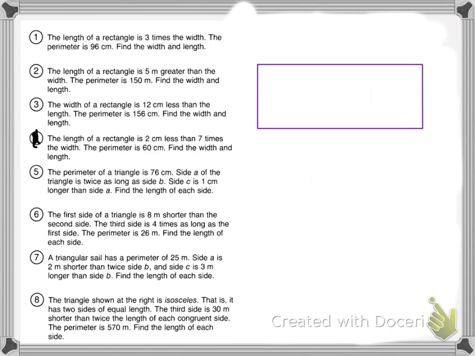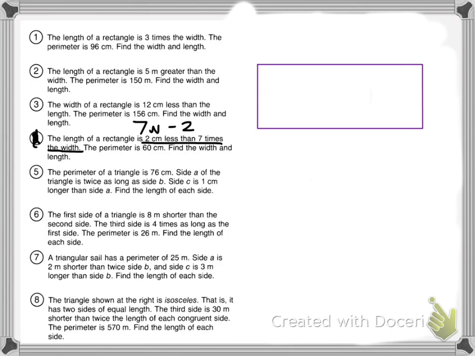Can I make that bigger? Well, I can, but it makes everything else bigger. So the length of a rectangle is 2 less than 7 times the width. The width is the width.